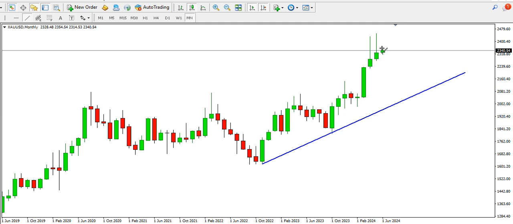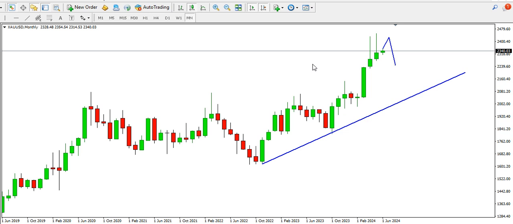The bulls have reasons to push price back up to the all-time high, and then we might see price getting to some sellers' supply zone and then dropping. Those are the two possibilities: either price goes up or price drops. But that's that for the monthly time frame.